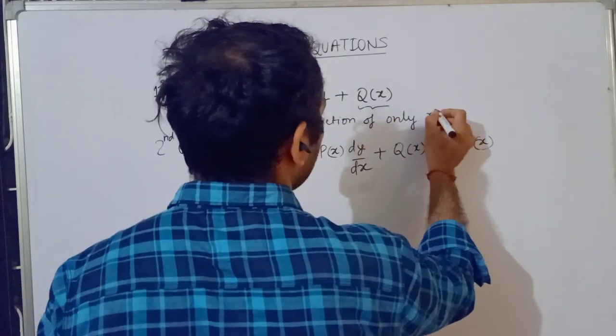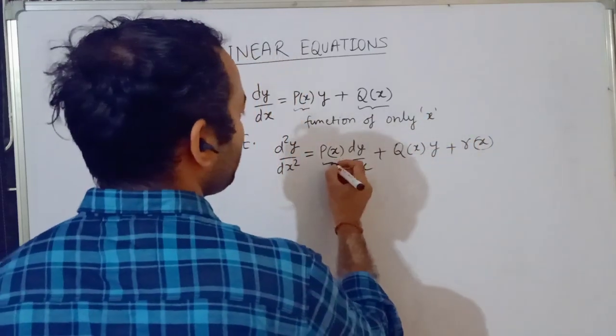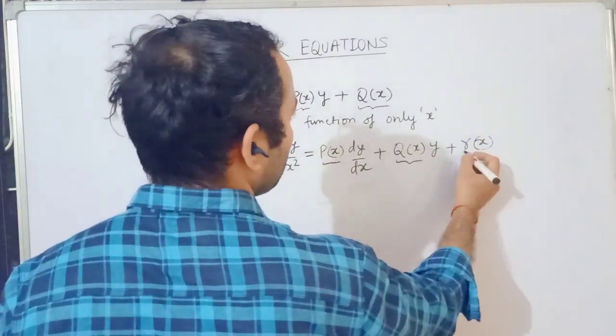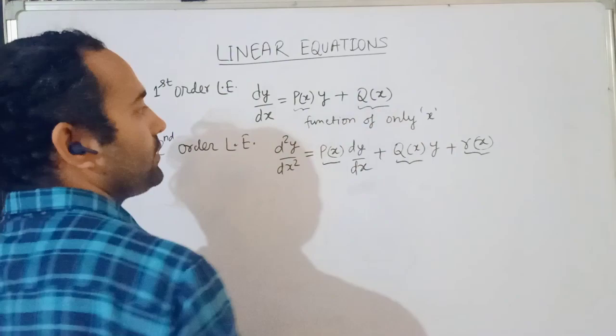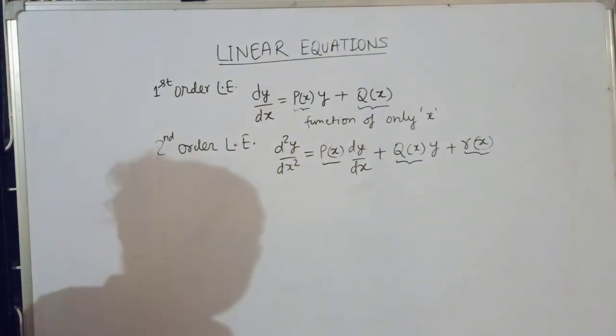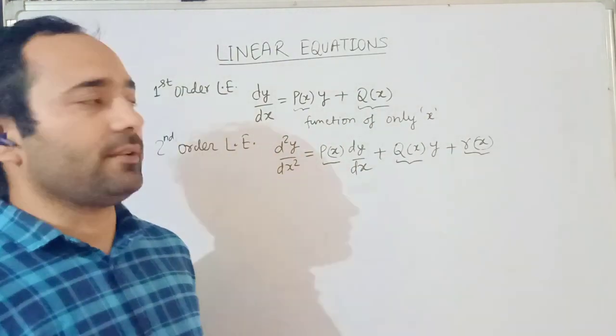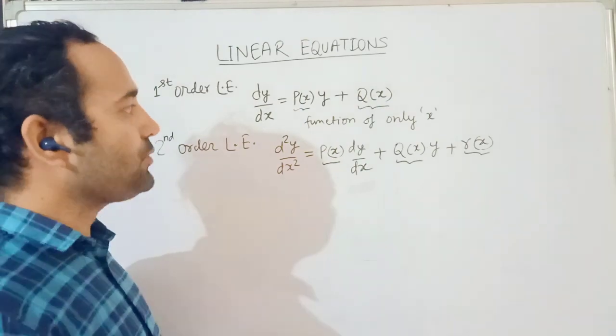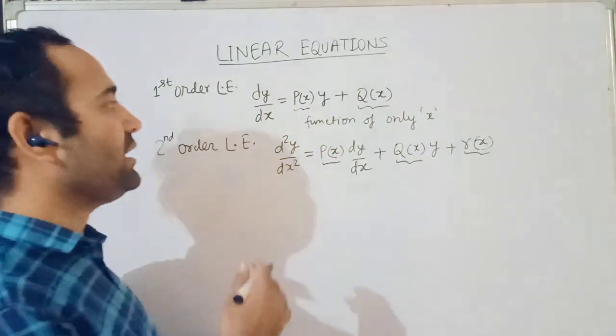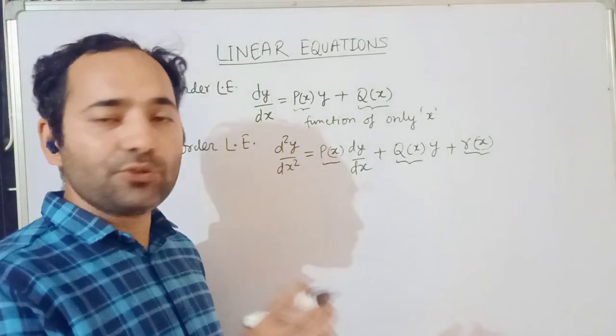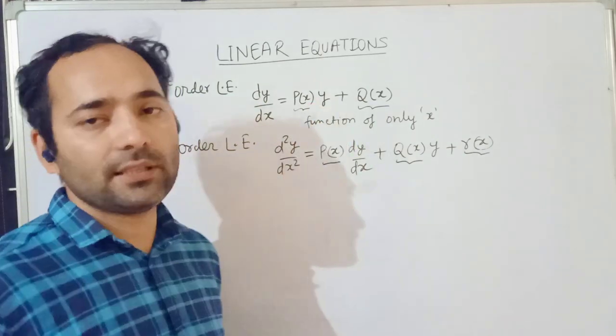Here also, here also, here also, right? So in this video we will cover only first order equations, and I will try to derive how we arrive at the solution to this kind of differential equation.